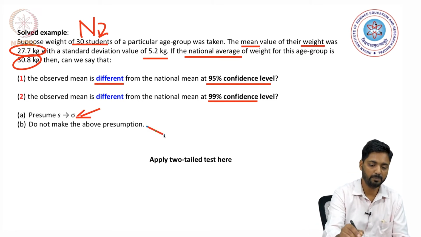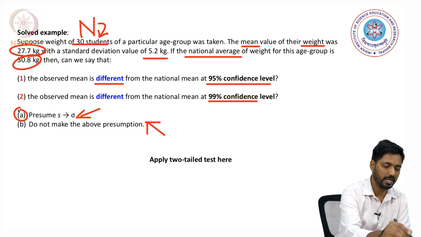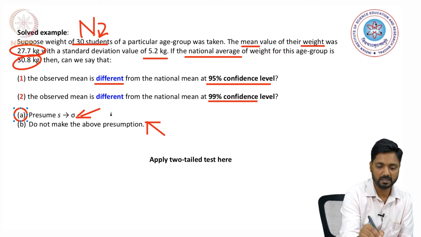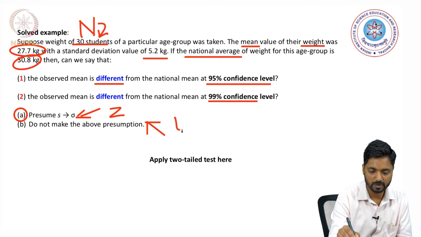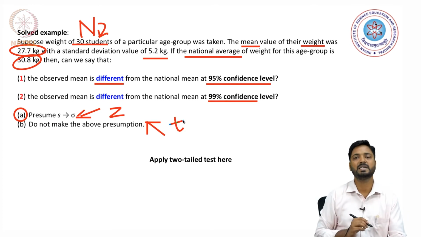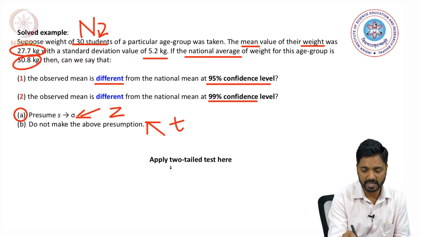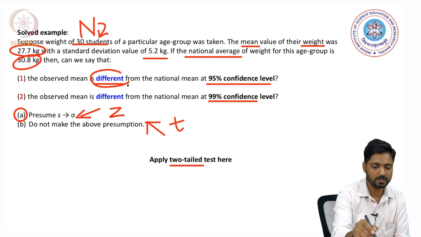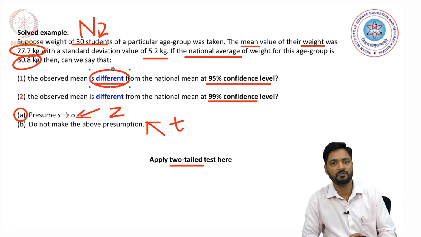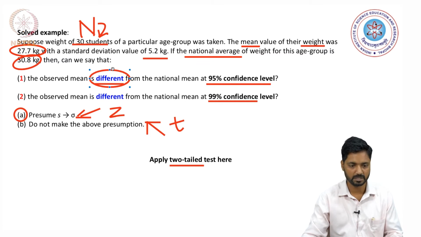So in other words, for A we will be applying the z-test, for B we will be applying the t-test. And now, let us apply the two-tailed test here, because we only need to address whether the readings are different or not. So, let us do this exercise.